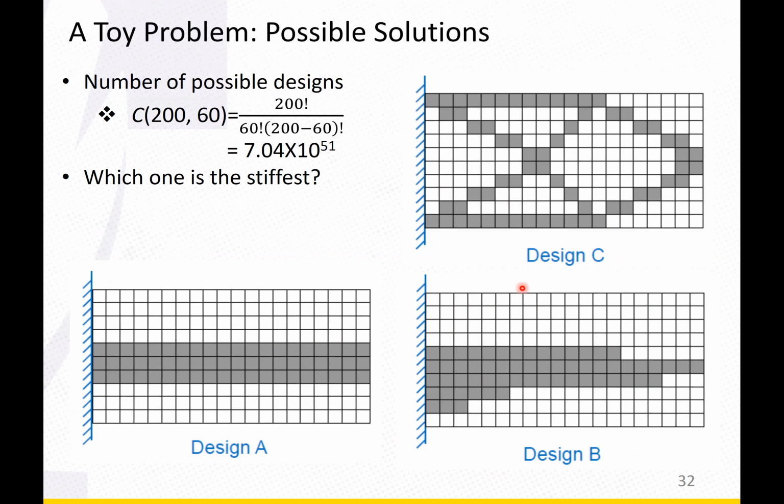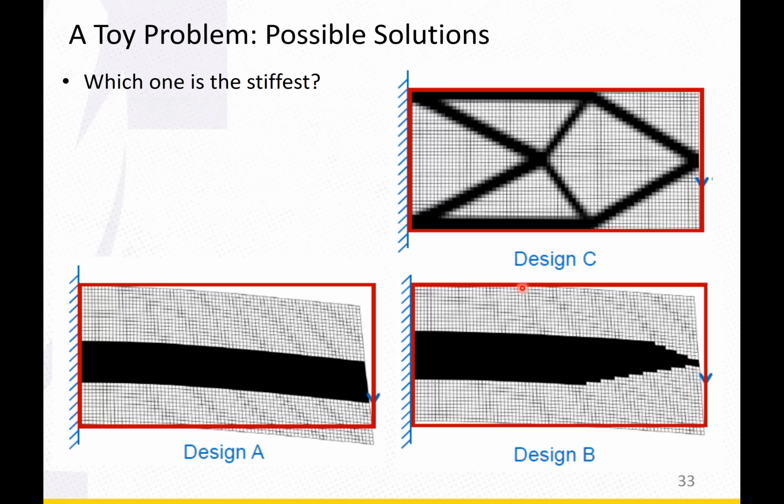And with these three patterns, we could do FEA analysis to test out the structural performance of the three patterns. And obviously, design A and design B have very poor structural performance. You can see how large the deformation will be if you put the Legos in this way and apply the load over here.